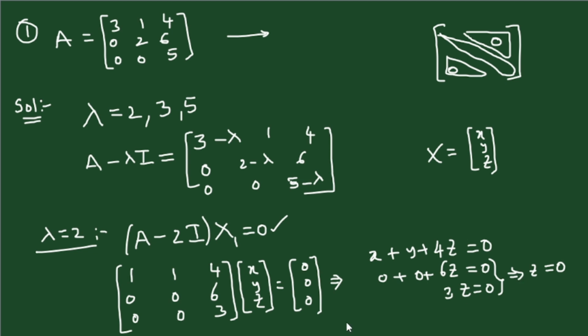Once we get z equal to 0, you substitute this z equal to 0 in the first equation, you will get x plus y plus 0 equal to 0, or x equal to minus y. Therefore, we have got x equal to minus y and z equal to 0. So the first eigenvector is x, y, z.